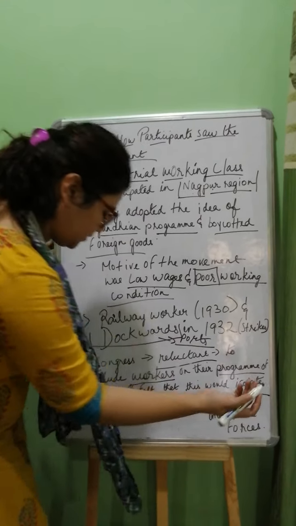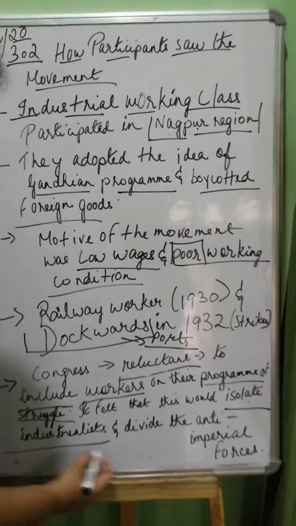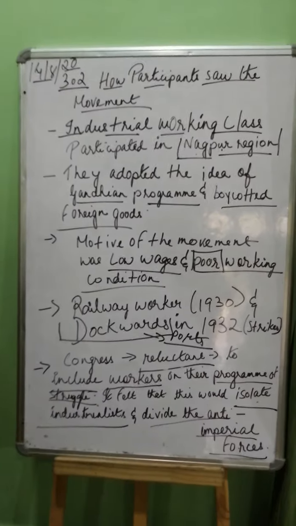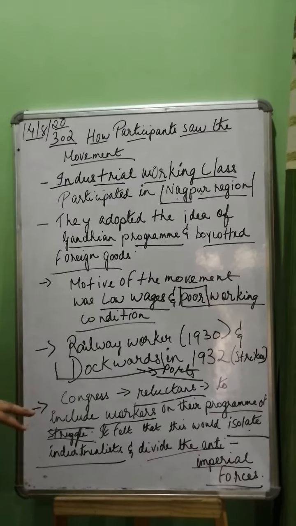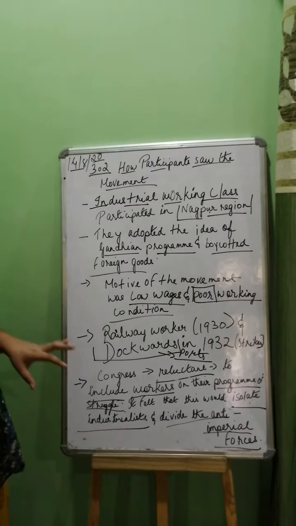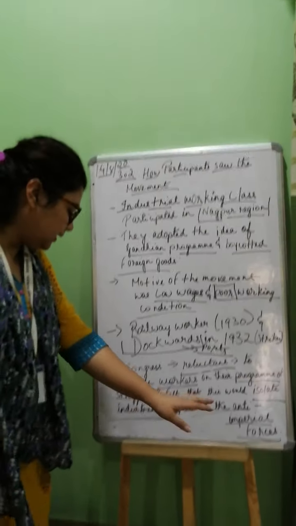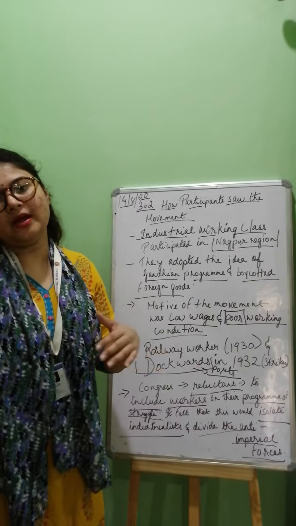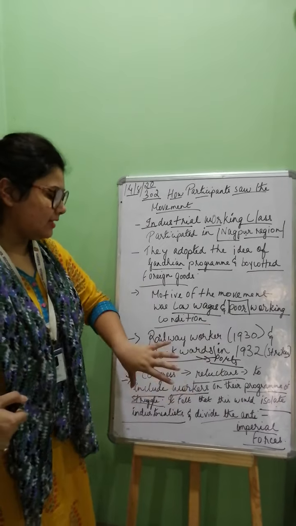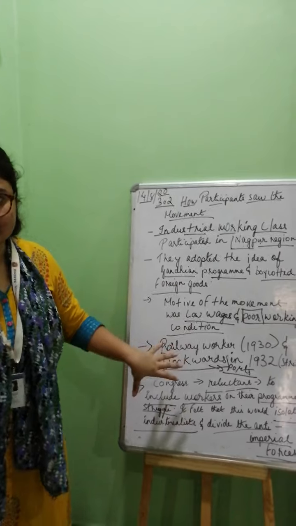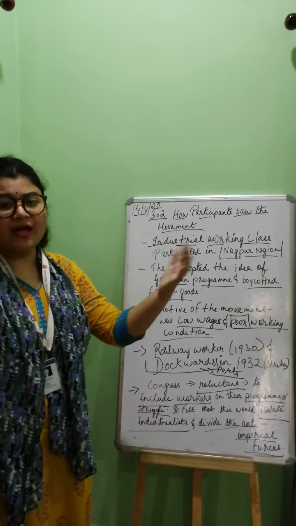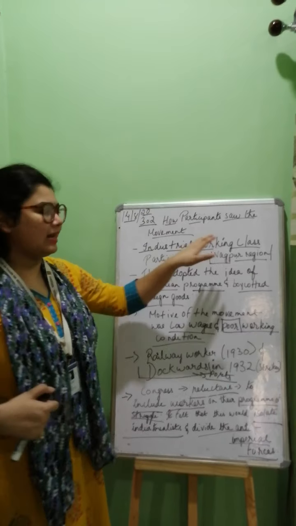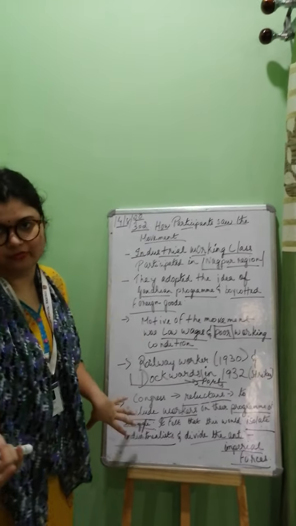So it would isolate industrialists and divide anti-imperial forces. So it might bring a problem for the Congress leaders because it might isolate the industrialists and also divide the anti-imperial force. That is the reason why the Congress leaders were not welcoming the industrial working class people in their movement.